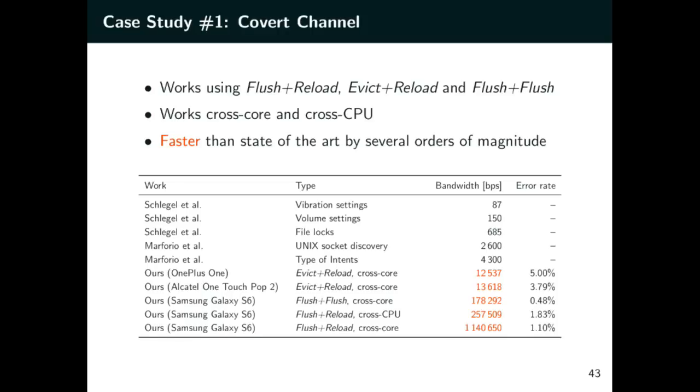So our covert channel, in the best case, using Flush+Reload, had 1 megabit per second. And as you can see, when we use Evict+Reload, it's much slower, of course, because there's much noise, but it's still faster than any previously discovered covert channel.